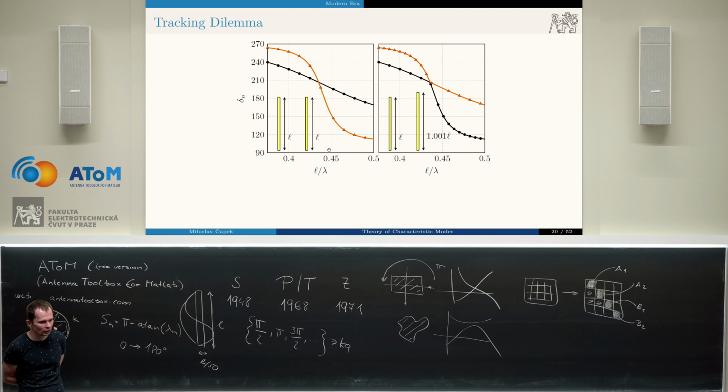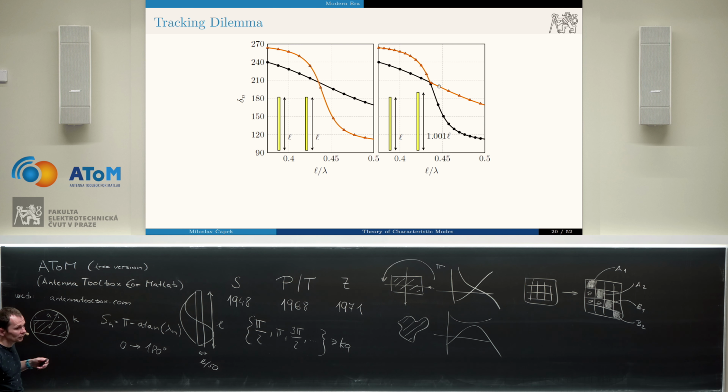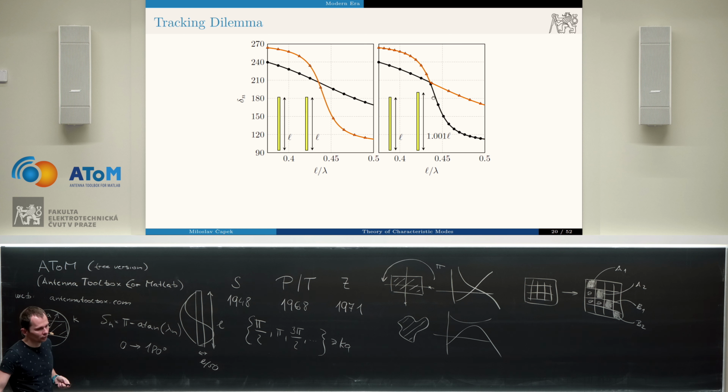And by the way, crossing here is allowed by the von Neumann-Wigner theorem, because these two traces belong to different irreducible representations. But here, we know from the beginning that there should be a crossing avoidance, even though pretty sharp. There is a common point where these curves are touching each other. But still, by theory, there should be a crossing avoidance, because they are of slightly different length. Well, it could be just one atomic layer, but they are of different lengths.